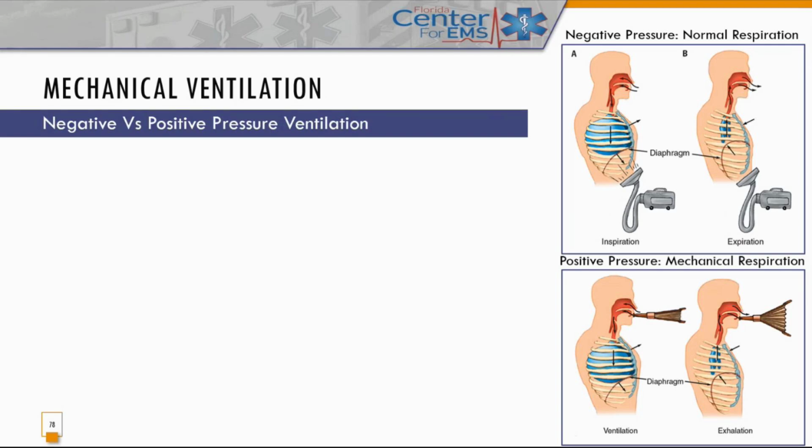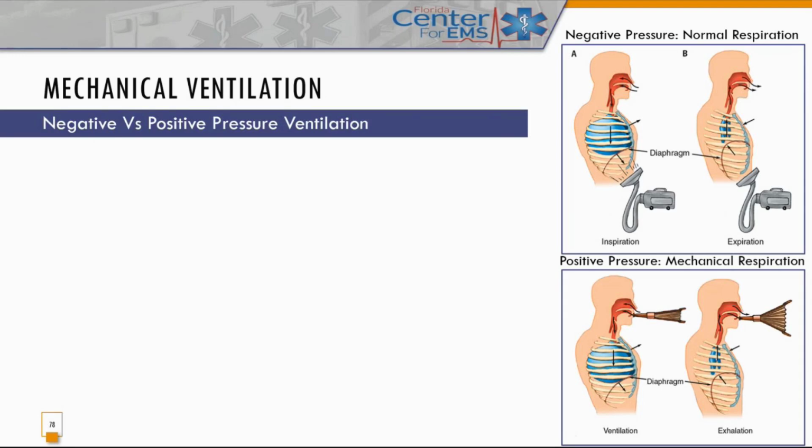The reason that negative pressure ventilation works better than positive pressure ventilation is it's called the cardiorespiratory pump. Your breathing helps blood move around your body. So that negative pressure that you create intrathoracically helps with the preload, helps the blood move. They work together as a team.